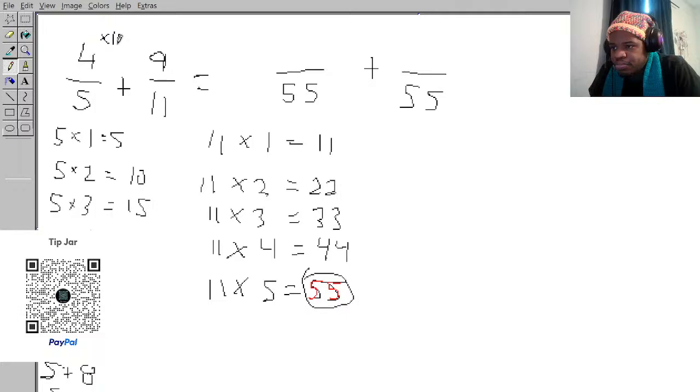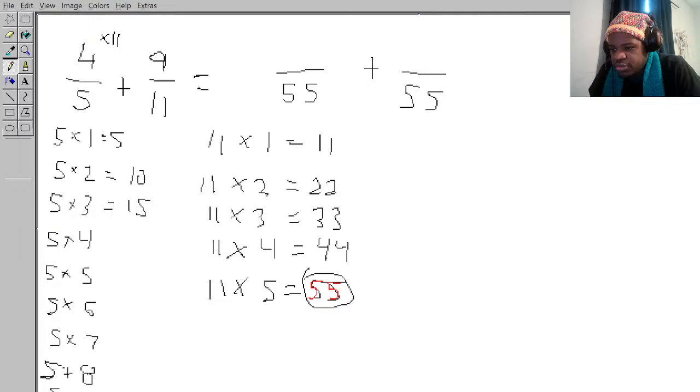So I'm gonna write this in a different color too, so you guys can see where I got that 11 from. The 11 came from what I multiplied it to, and this is gonna be the 5 that comes from here.